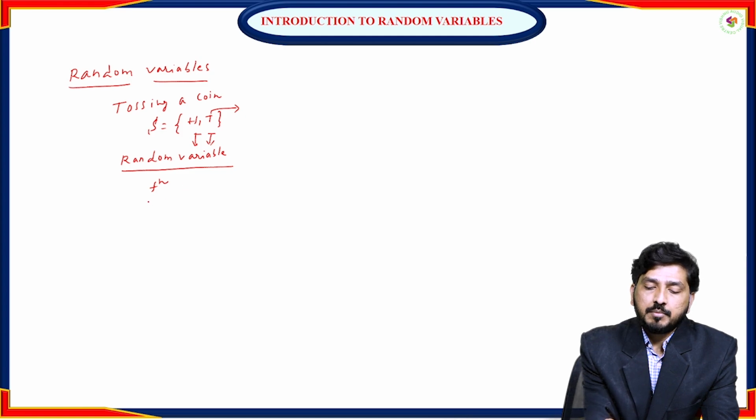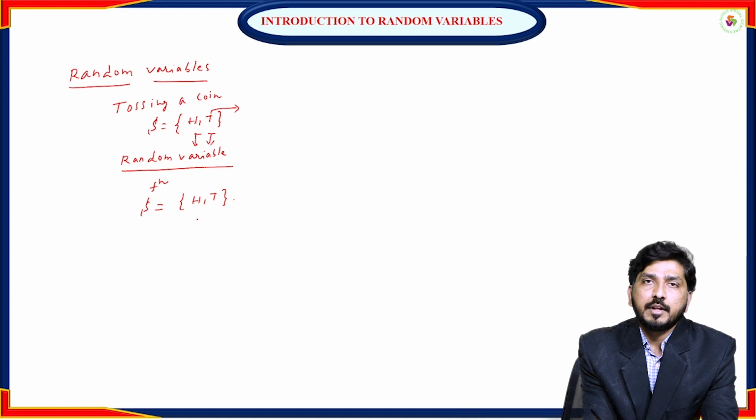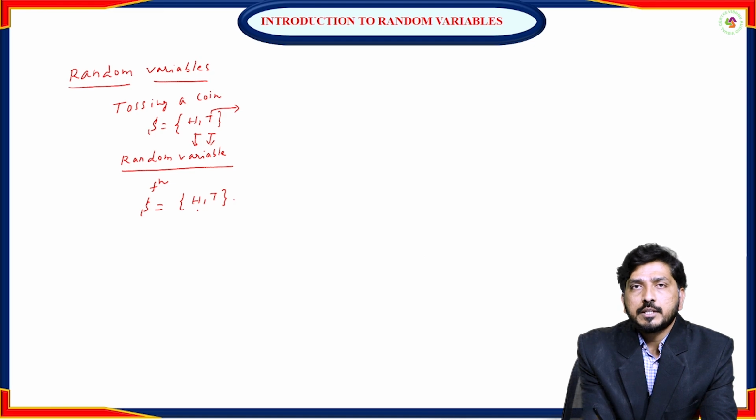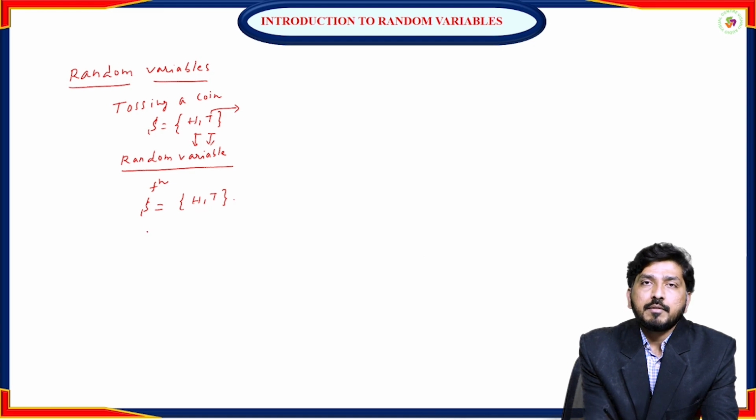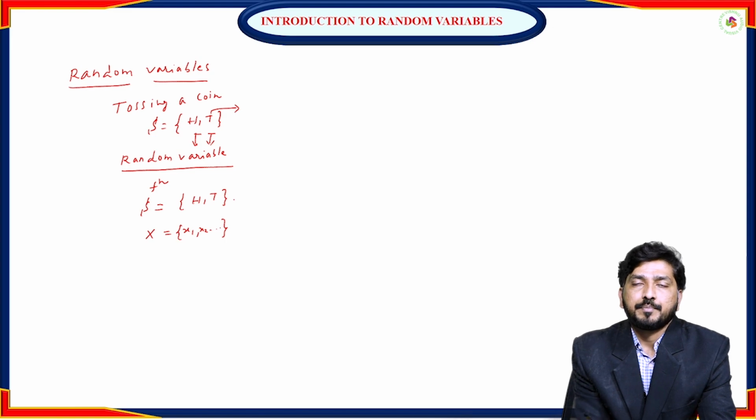In the example we have taken, the sample space S has the outcomes head, tail. Now, using a random variable we will assign numerical values to the outcomes of the random experiment in which the outcomes are descriptive in nature. Random variables are denoted by capital X, and the elements in the random variable are denoted by small letters x1, x2 and so on.